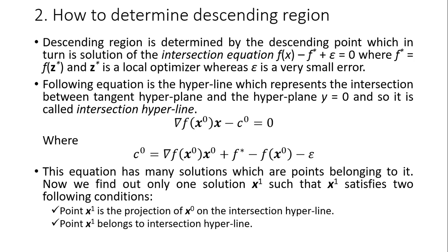The following equation is the hyperline which represents the intersection between the tangent hyperplane and the hyperplane y equals 0. And so it is the intersection hyperline: gradient f(S0) times S subtract c0 equals 0, where c0 equals gradient f(S0) times S0 subtract f(S*) subtract f(S0) subtract epsilon.